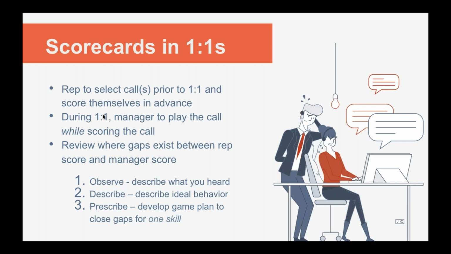We're just observing at this point. The next step is to have the rep themselves describe what the ideal behavior should have been for each of those elements. Third, we develop a game plan to close the gaps identified in point 2. But we really want to hyper-focus on one skill at a time.